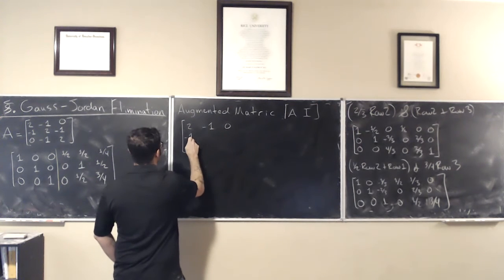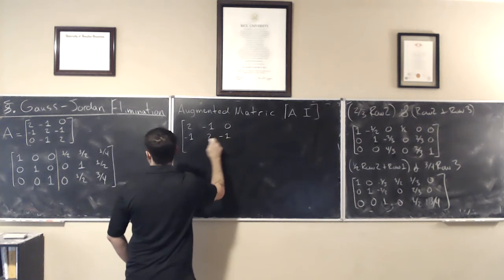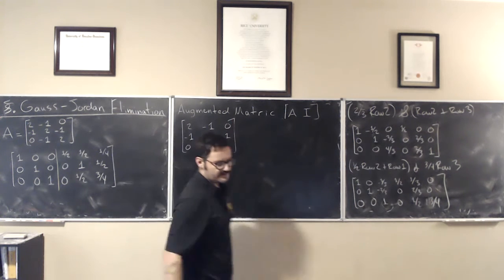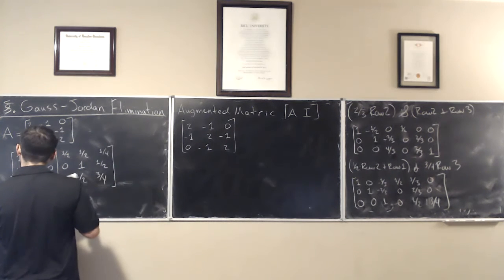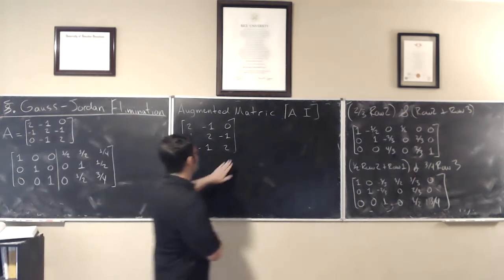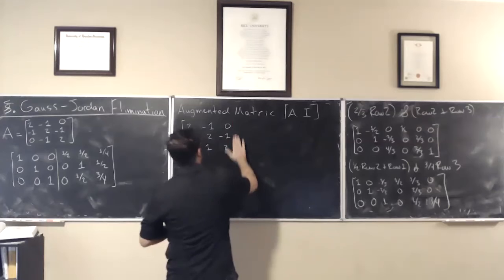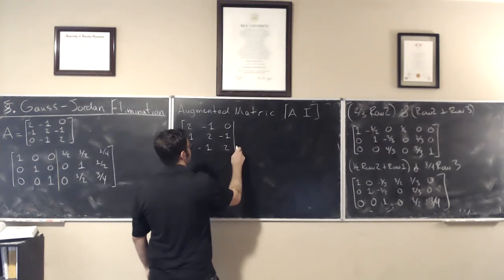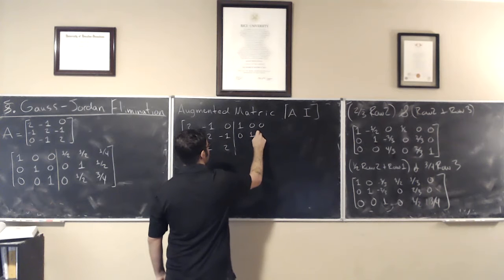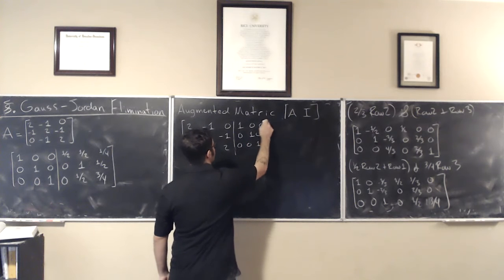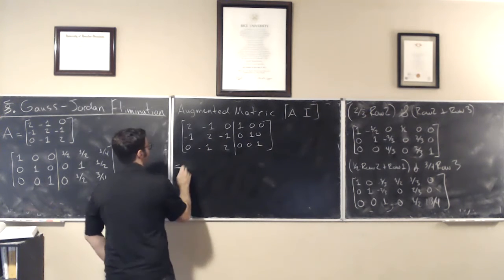2. Make sure I wrote down the right matrix. 2, minus 1, 0, minus 1, 2, minus 1, 0, minus 1, 2. Okay. All right. I'm going to put a line here to distinguish 1, 0, 0, 0, 1, 0, 0.